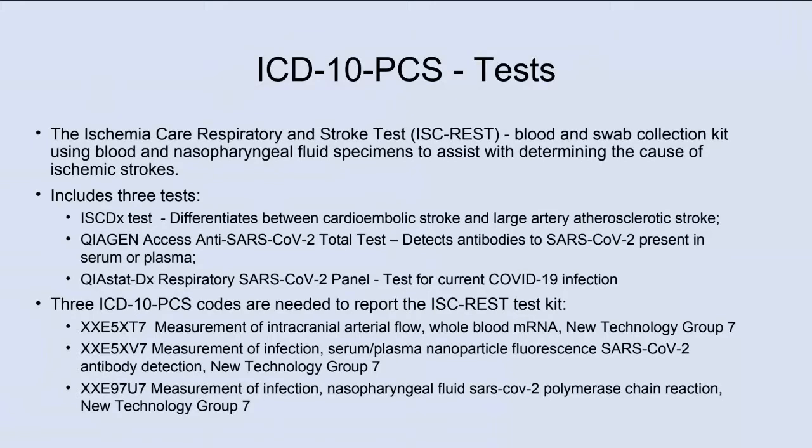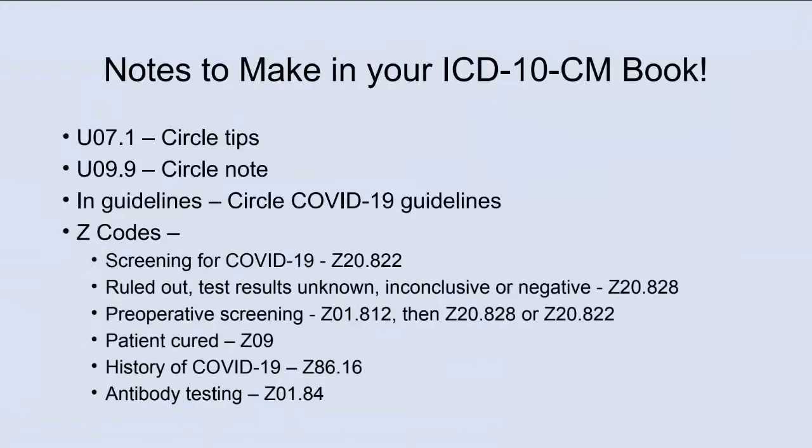All of these tests are coded in the new technology section, and we have XXE5XT7 for mRNA, XXE5XB7 for antibodies, XXE97U7 for chain reaction on the nasopharyngeal fluid. So this one test requires 3 codes because it has 3 parts.